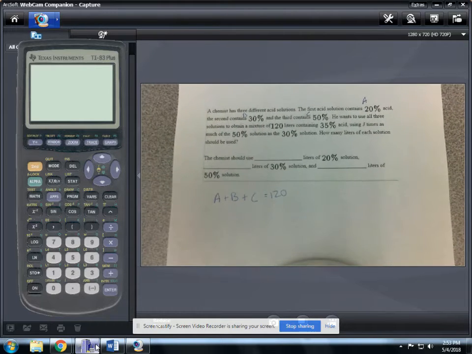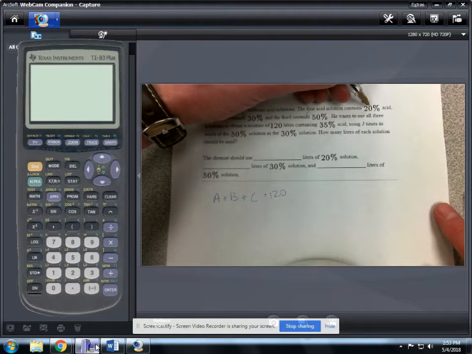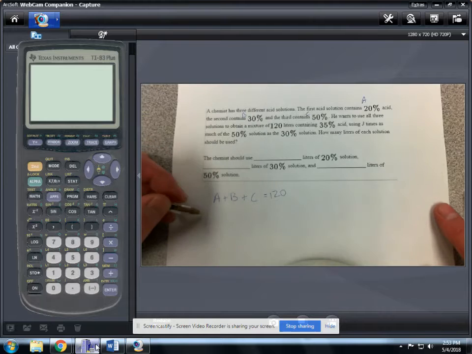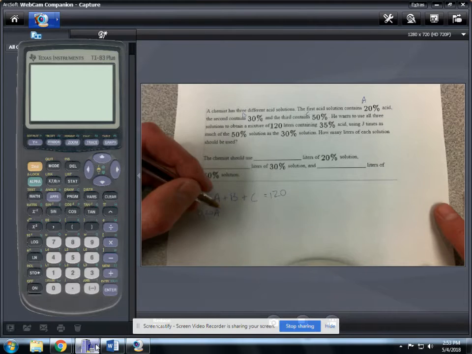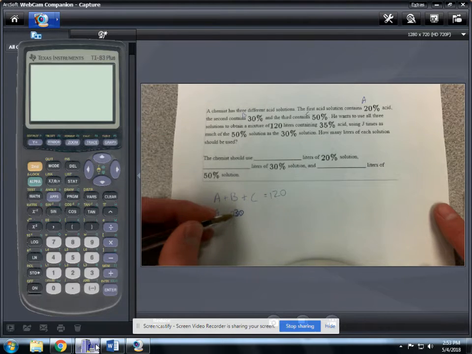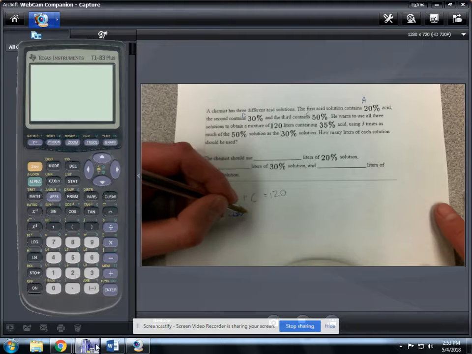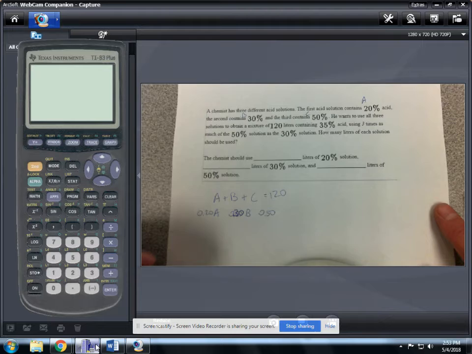So I'm going to move my camera a little bit here to get more room. A is 20% acid. So 20% as a decimal is 0.20. So 20% times A, 20% of A, is acid. 30%, oops, 0.30 of B is acid, and 50% of C is acid.